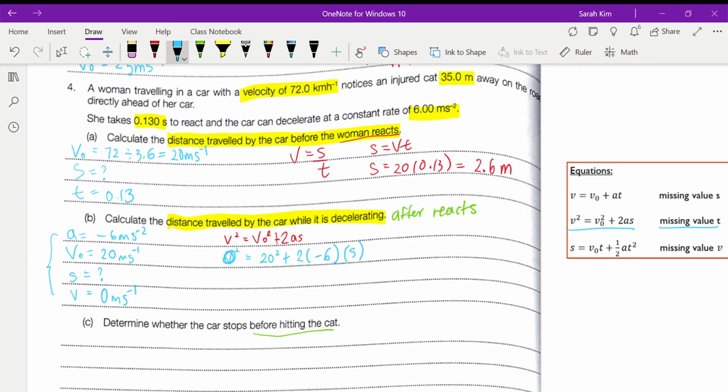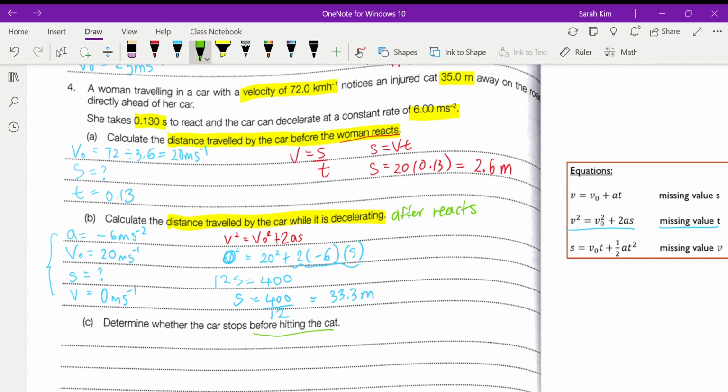So I'm going to move this one to the other side. So 12S is 400 because 20 squared is 400. So my S is simply 400 divided by 12, which is 33.3 meters. So that's how much it travels.